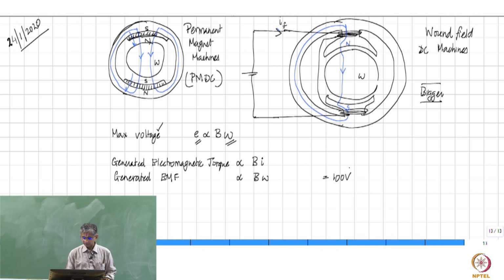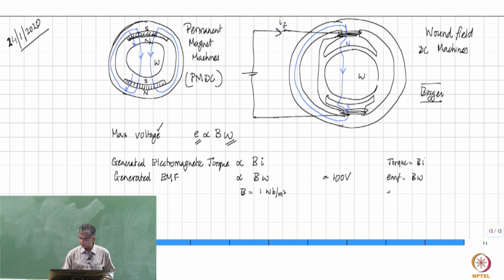Let's say B is equal to 1 Weber per meter square, which then means, for simplicity, I am assuming that EMF is equal to B into omega, and therefore the generated electromagnetic torque is equal to B into I.